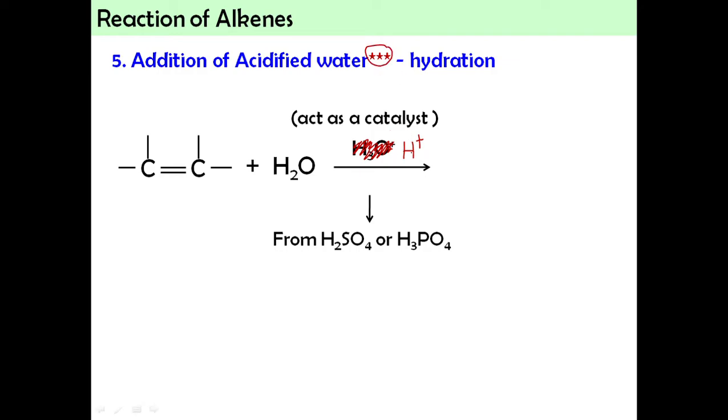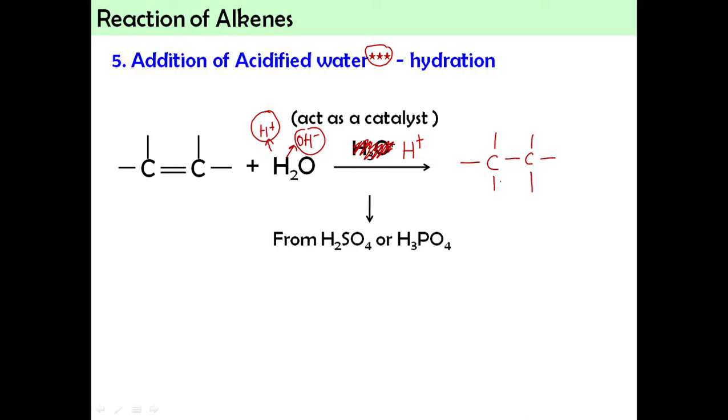Okay, so untuk yang ini, H2O akan bagi H+ dan OH-. So, boleh nampak dekat sini, dua reagen yang berbeza. So, masih akan follow Markovnikov rule. Okay, apa produk yang terhasil? Again, for the alkene, the double bond will be broken down to single bond.